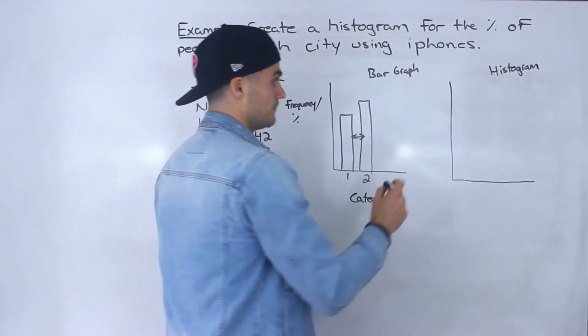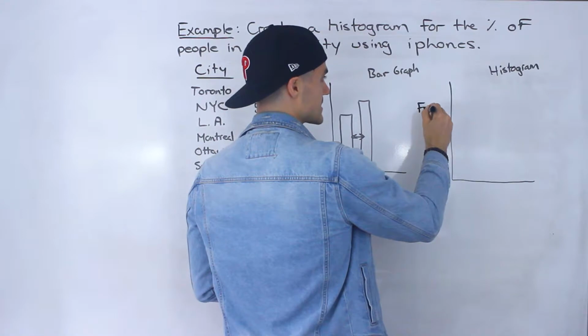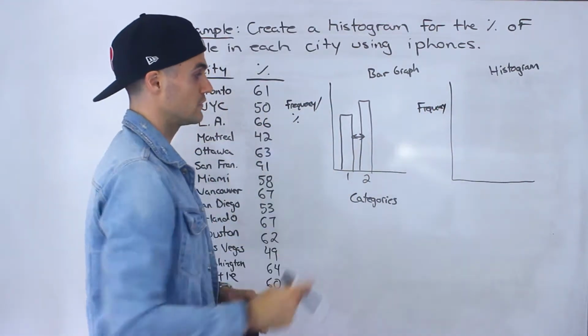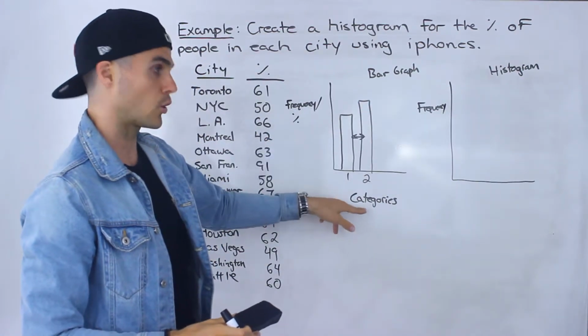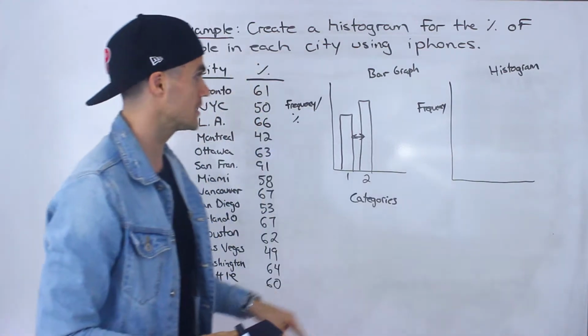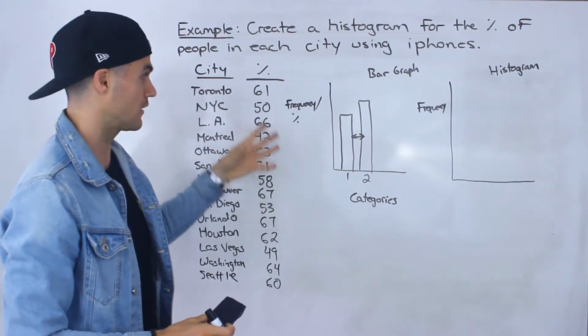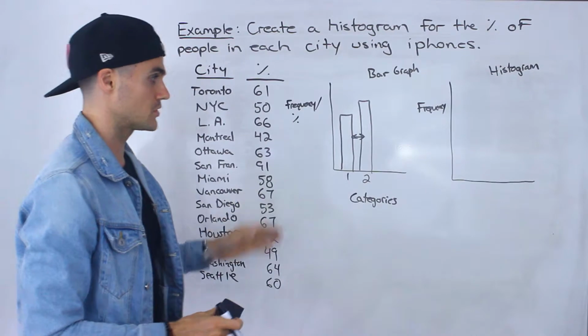Now, a histogram, very similar. The y-axis is going to be the frequency as well. It's going to be the number of individuals. But remember, histograms are used for quantitative variables, not categorical variables. And so what the x-axis for a histogram is going to be, it's going to be the quantitative variable that you're looking at, or the characteristic that is represented by numbers.